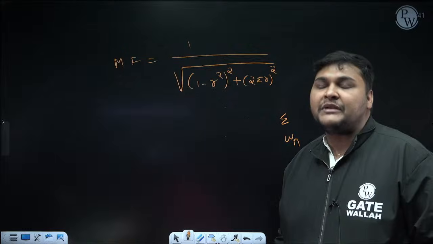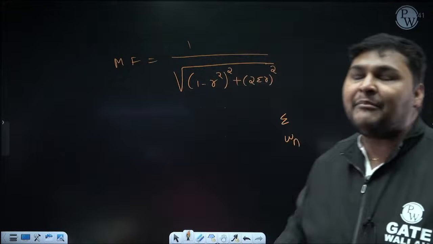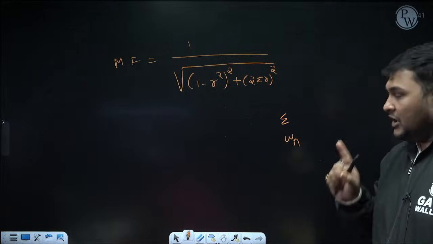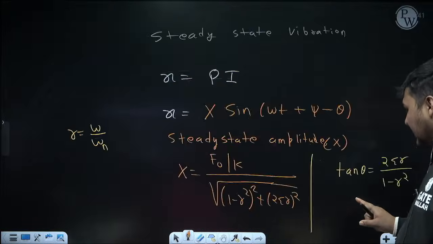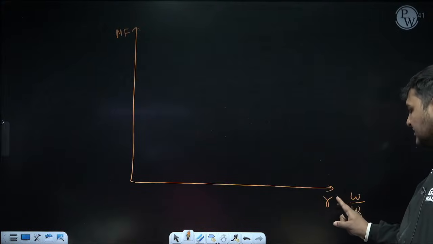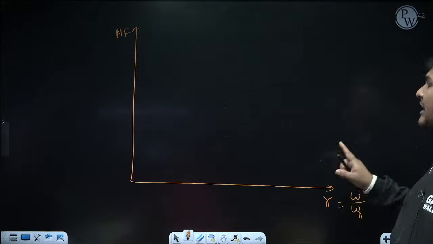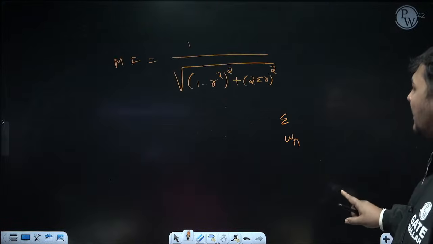Sometimes this forcing frequency omega is in our hand, so I assume omega can change. If omega can change, then R can also change. So for any particular system R is variable.